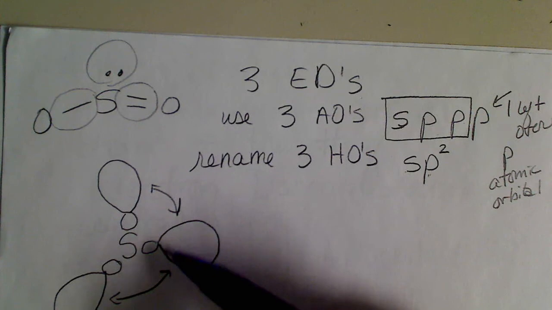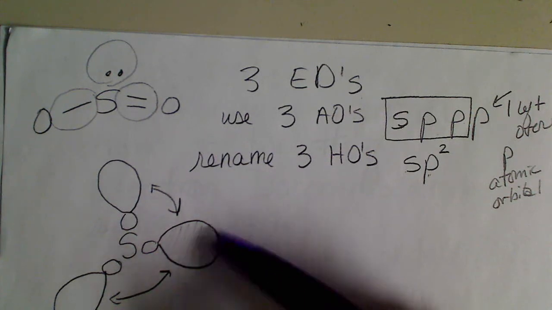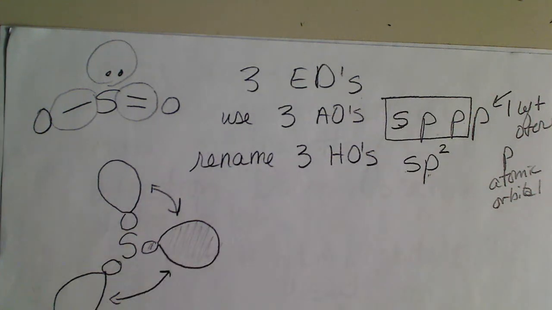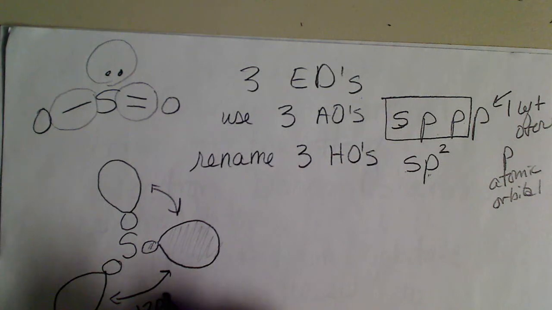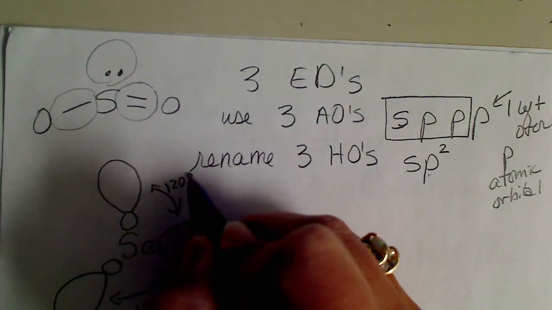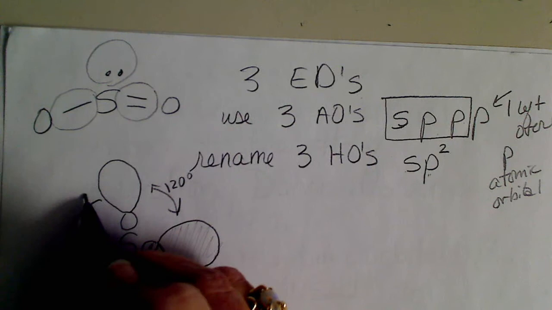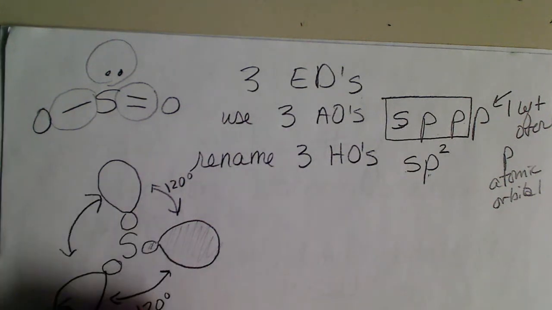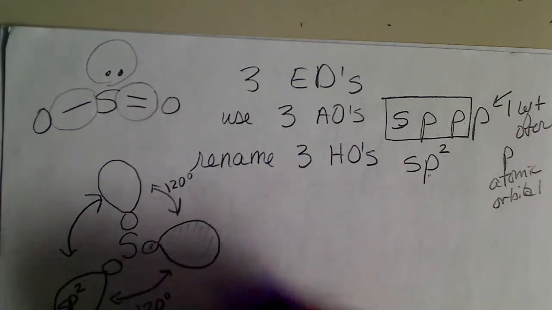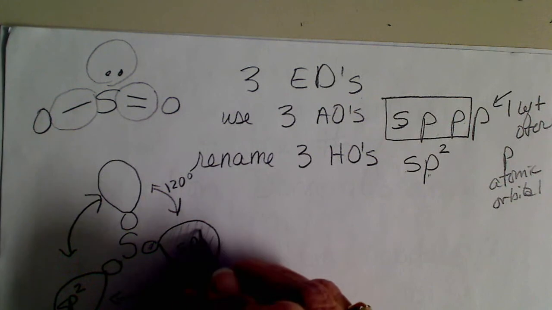We can think about the orbital as kind of a smeared out negative charge if we want. So same concept here, 120 degrees between the hybrid orbitals, and each one of these is just renamed sp2.